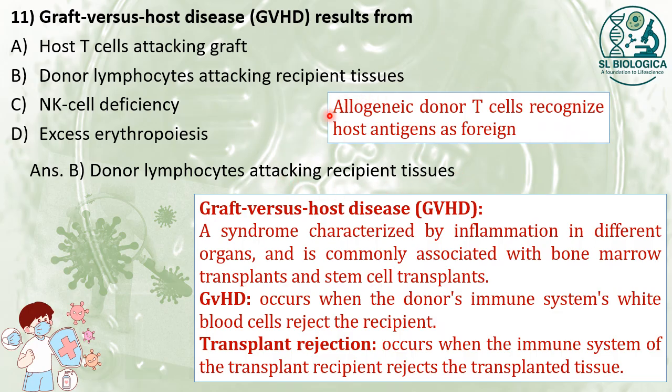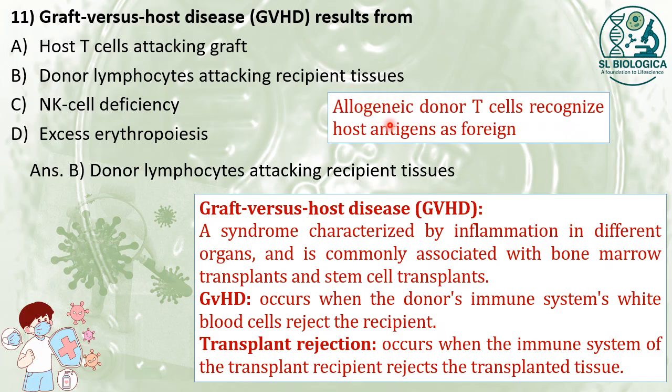One more term is allogenic. In the previous question we discussed xenogenic transplantation. Xenogenic means transplantation of tissue or cells between individuals of different species. Allogenic means transplantation that is happening within the same species, individuals of the same species.